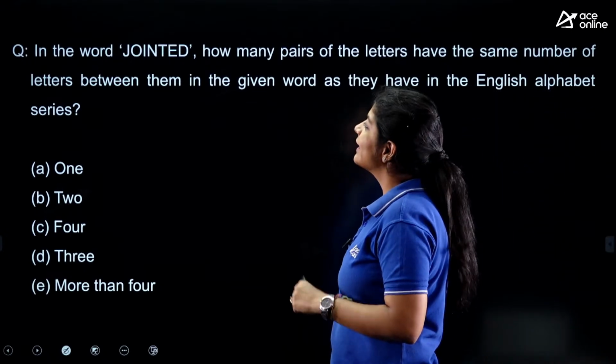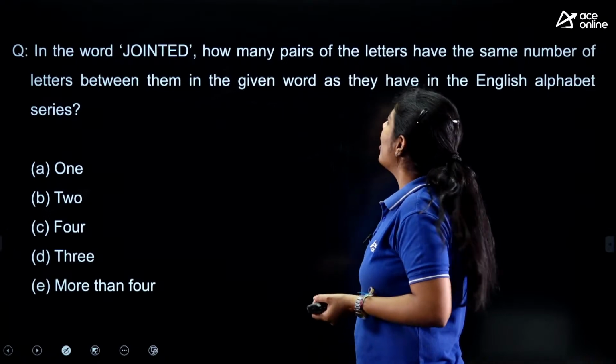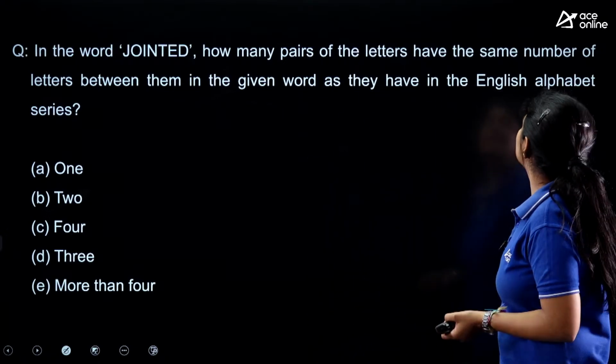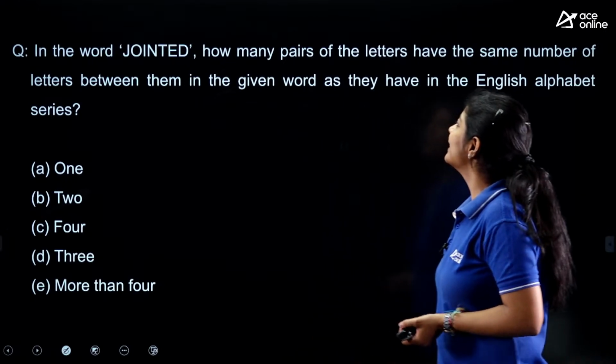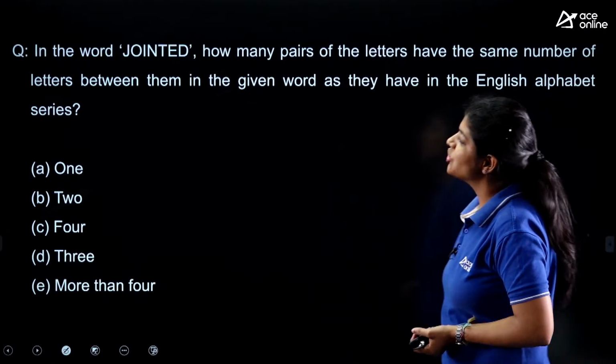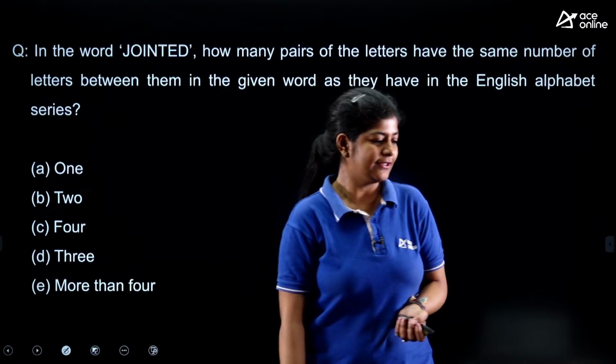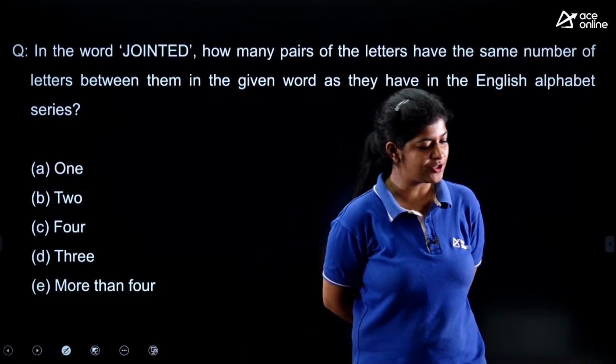The next question is again a very simple one. The question is saying that in the word jointed, how many pairs of letters have the same number of letters between them in the given word as they have in the English alphabet series?